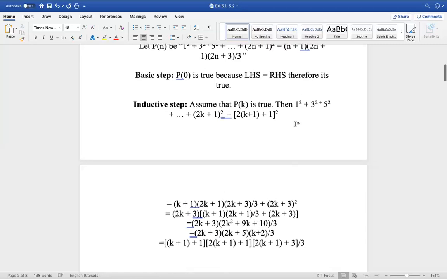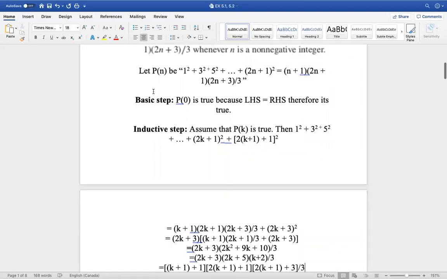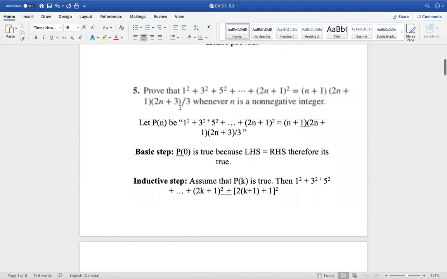Okay, so what we did here is, we have to prove this over here. So we assume that this statement over here is P of n. Now we have to define our basic step based on what we know from the question. So the basic step is we take the smallest number from the domain.